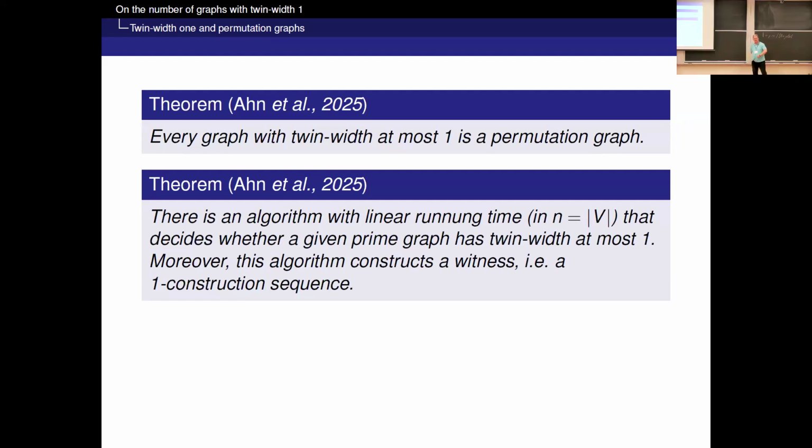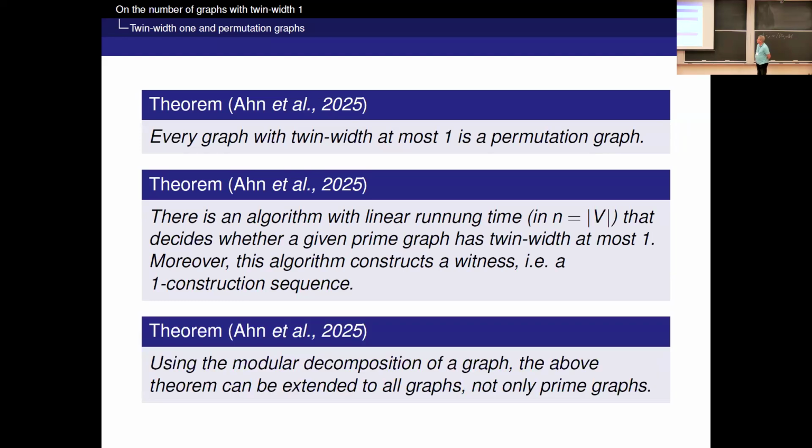And this algorithm also constructs a witness, a construction sequence that shows that it indeed has twin width at most 1. And finally, it is also shown that if you use the modular decomposition of a graph, then the above theorem extends to all graphs and not only prime graphs.